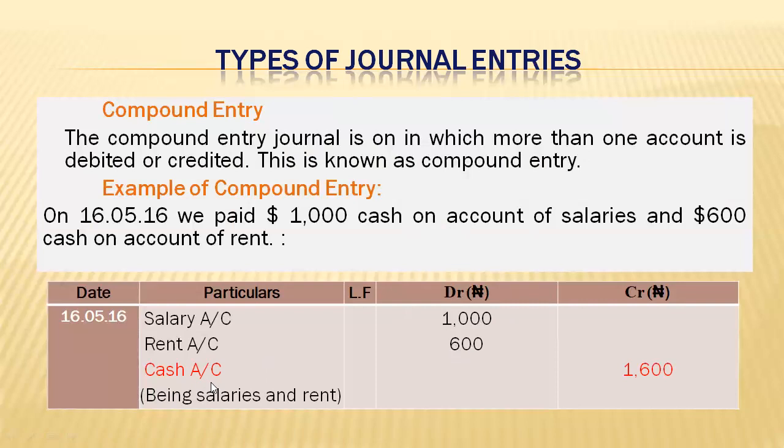So we have a cash of 1,600, while the accounts of salary and rent are split between 1,000 and 600. It makes it 1,600. So this is a compound entry. You can see the narration: being payment for salary and rent.